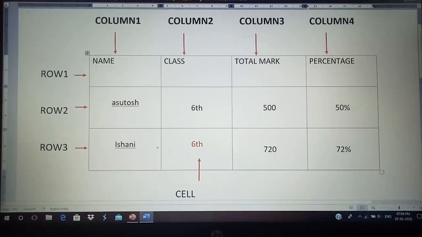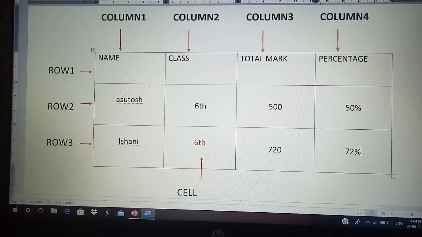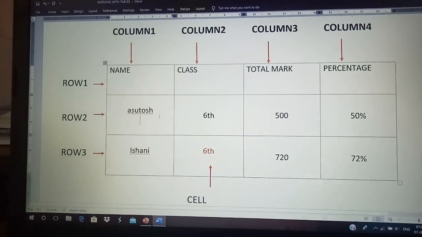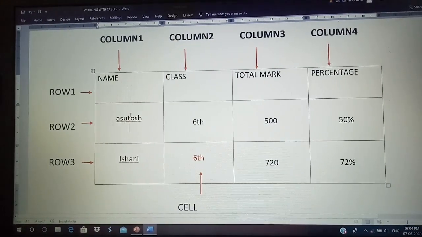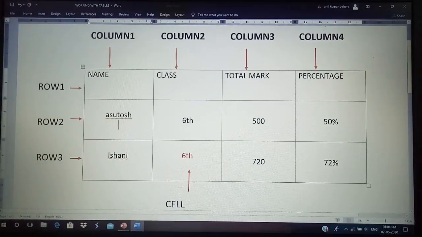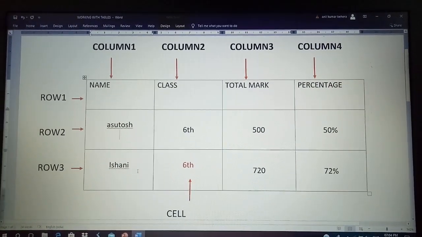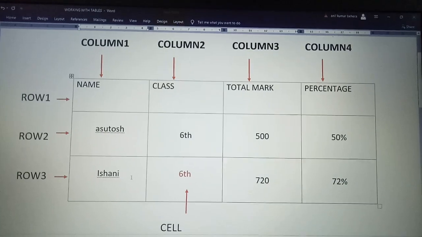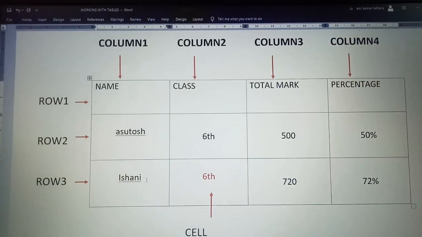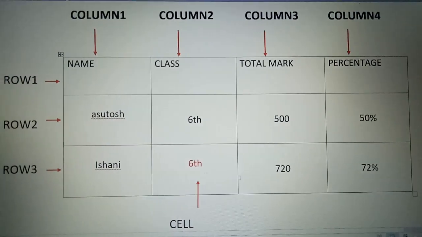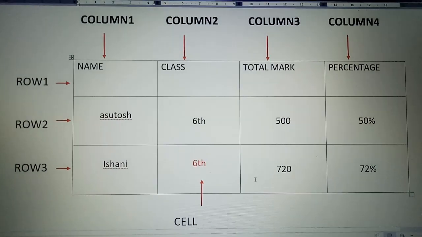So each record gives complete information about a particular student called Asutosh. This record, row 3, which is also a record, gives complete information for the student named Ishani.